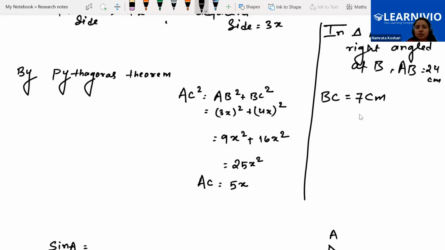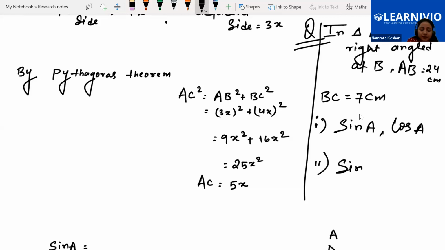Can you see the screen? Okay. Write it, note it down from here. Sin A, cos A. You have to find sin C, cos C. Do it. And let me know once you have noted down the question.